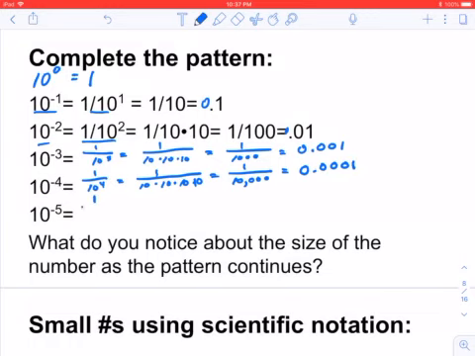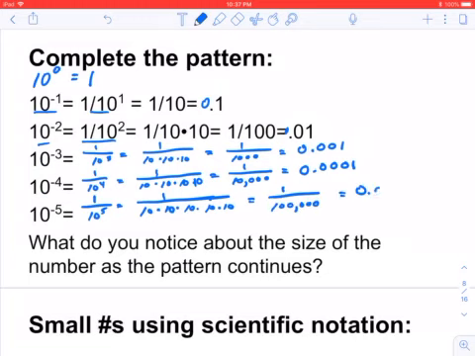In the last one, we have 1 over 10 to the fifth, which is the same as 1 over 10 times 10 times 10 times 10 times 10, which is equal to 1 over 100,000. So we get 1/100,000th. So we get 4 zeros after the decimal and then a 1.